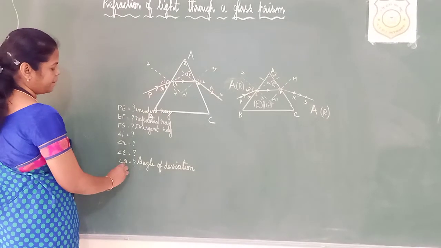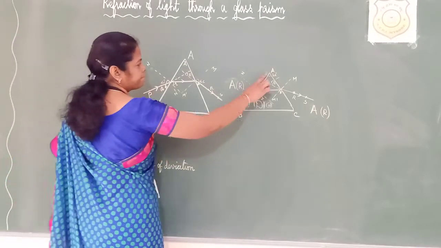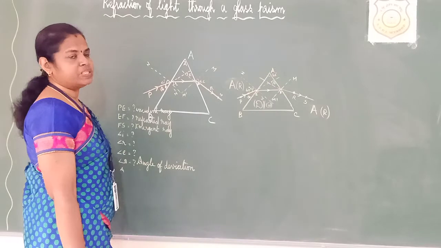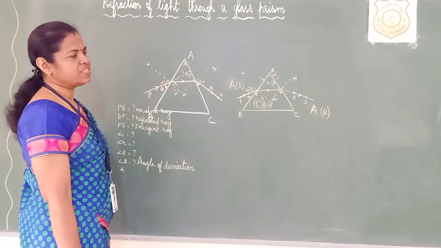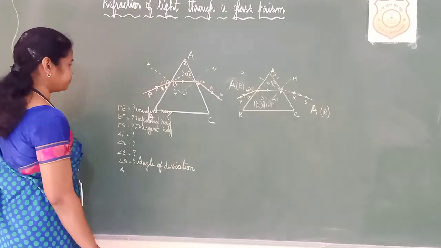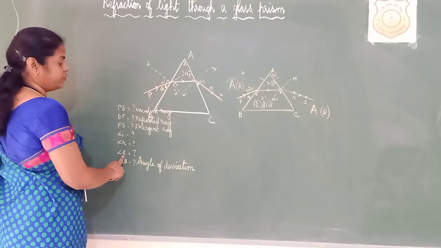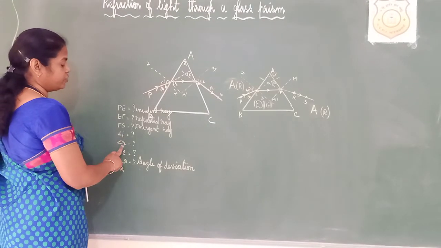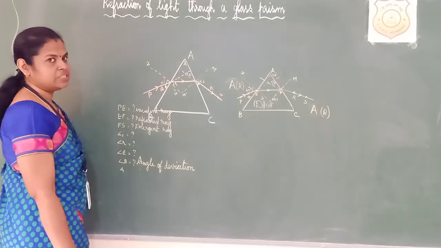This one, you see, this is the angle of prism. Usually it will be 60 degrees. Angle of prism. This is the angle of incidence, angle of refraction, angle of emergence.